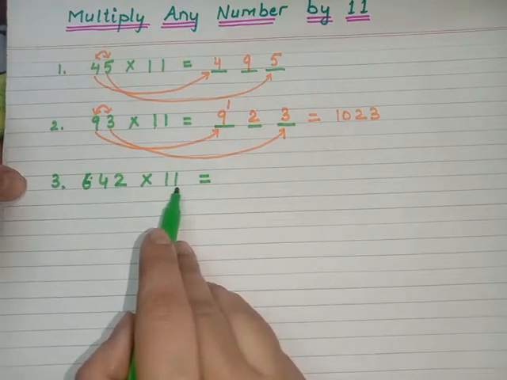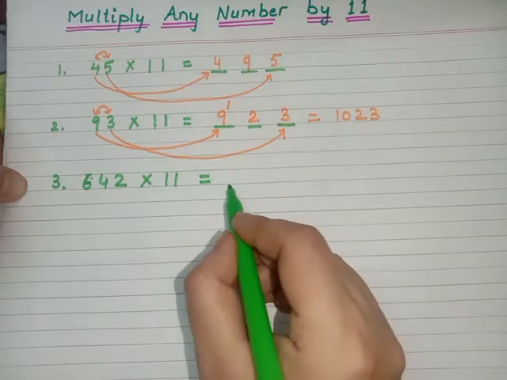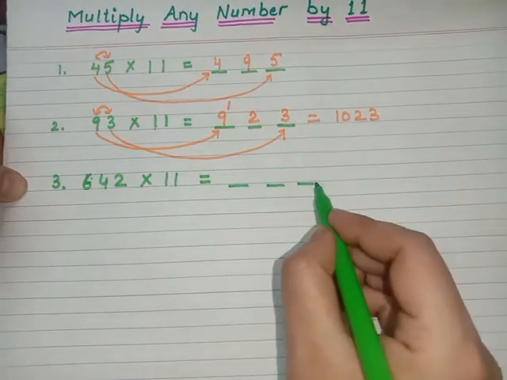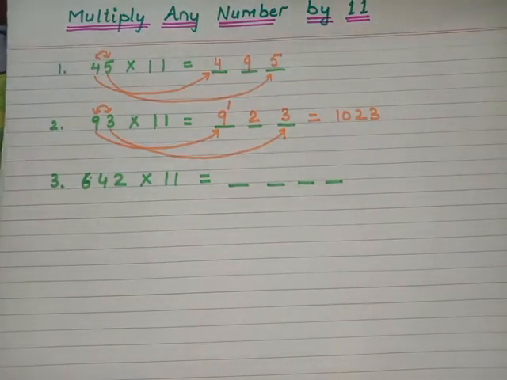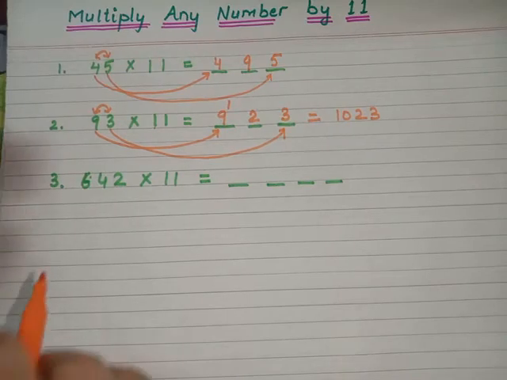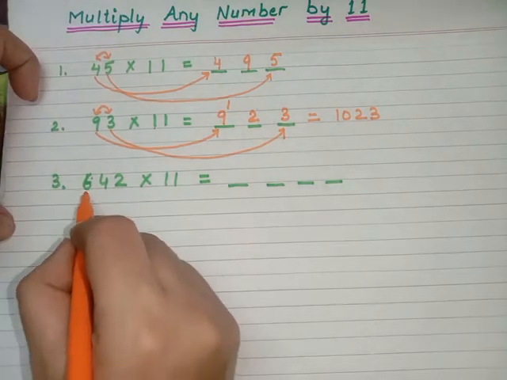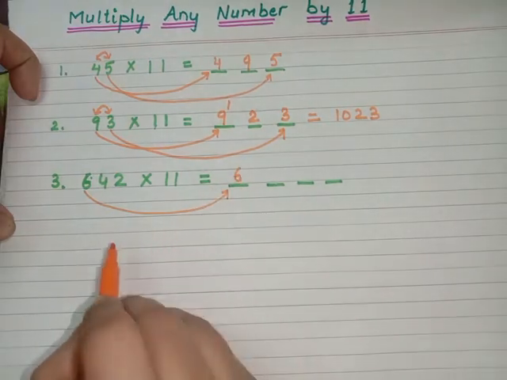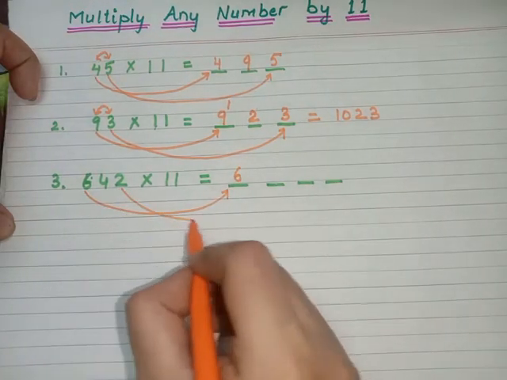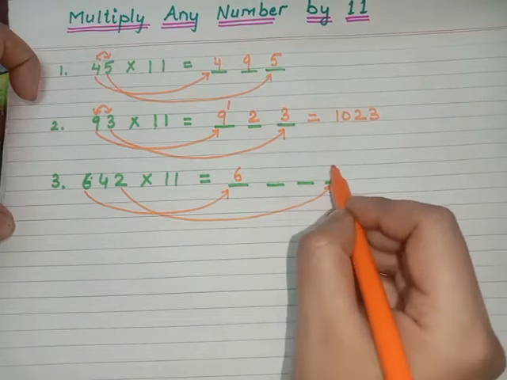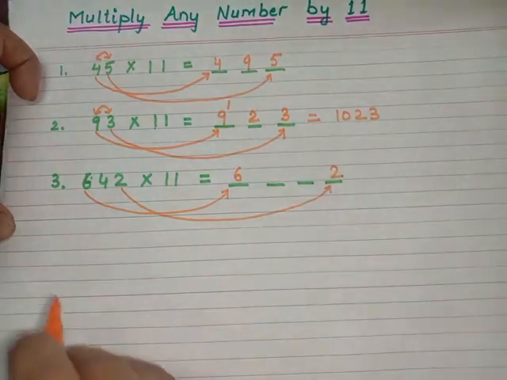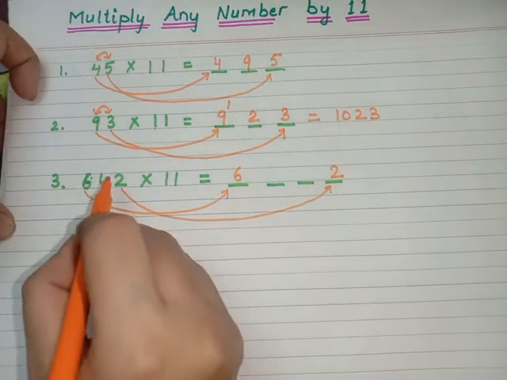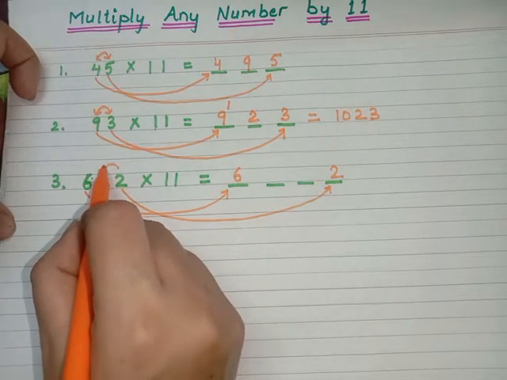Here I am having 5 total digits, that means I will be taking 4 digits in the result. So again we have to write the first digit on the first place, that is 6 over here, and write the last digit on the last place, that is 2 over here.